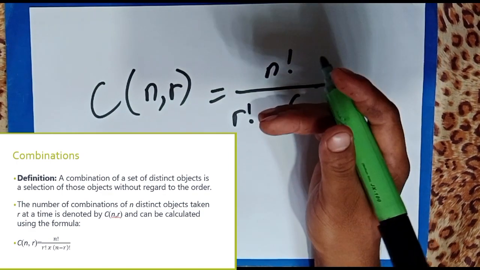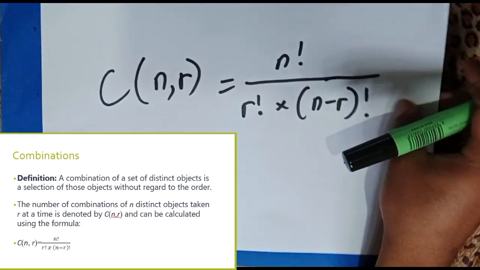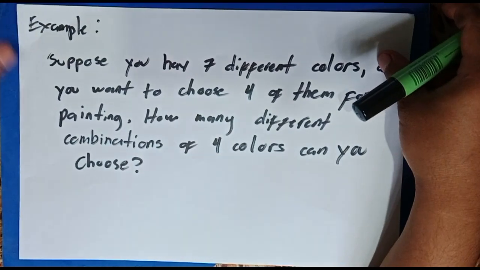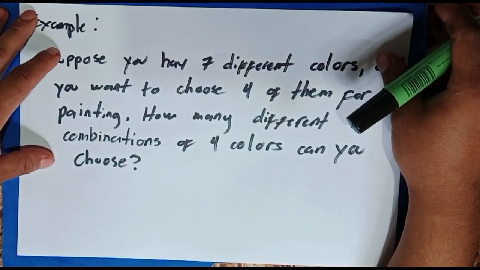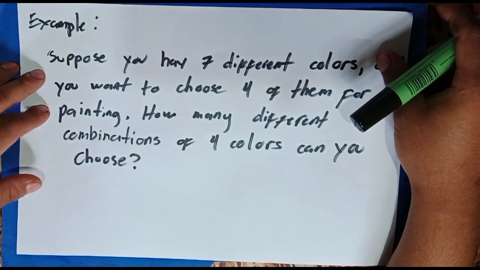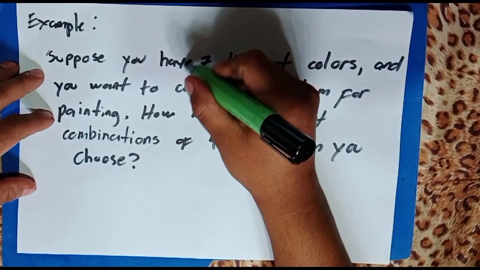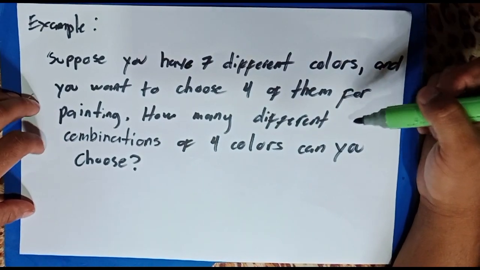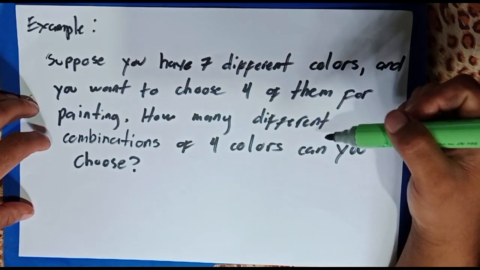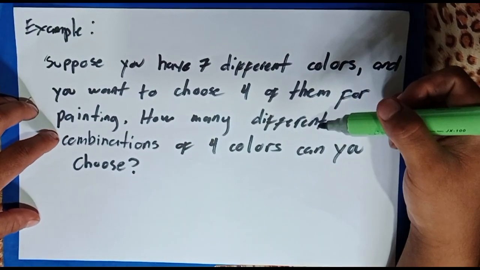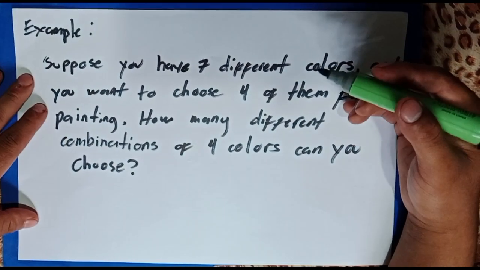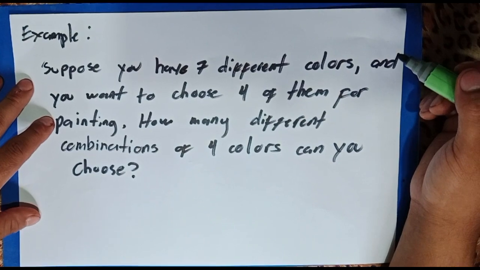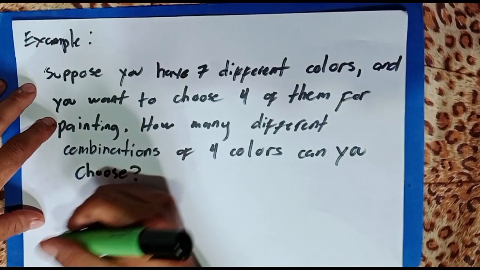For more about combinations, I will give you an example. Suppose you have 7 different colors and you want to choose 4 of them for painting. How many different combinations of 4 colors can you choose? Let's find first our n and r.